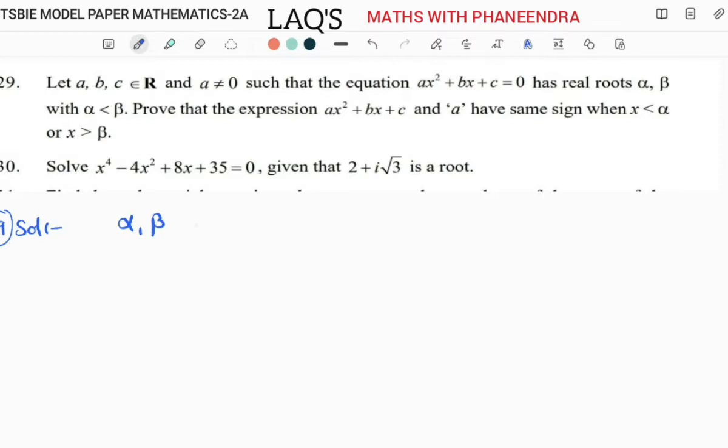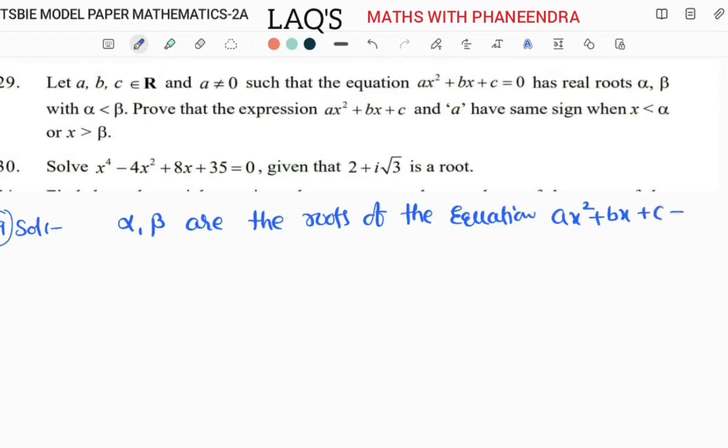Alpha, beta are the roots of the equation ax square plus bx plus c equal to 0. Whenever these are the roots of this quadratic equation, we can express ax square plus bx plus c is equal to a into x minus alpha into x minus beta.